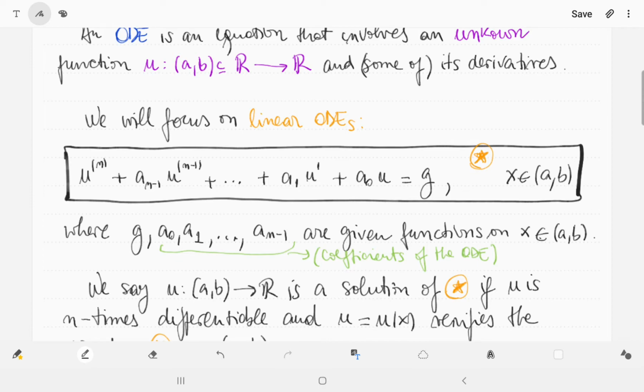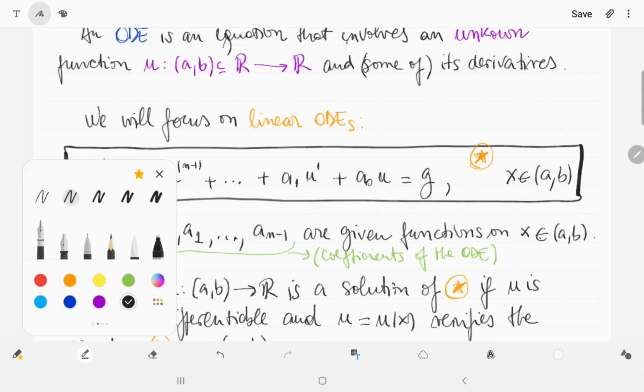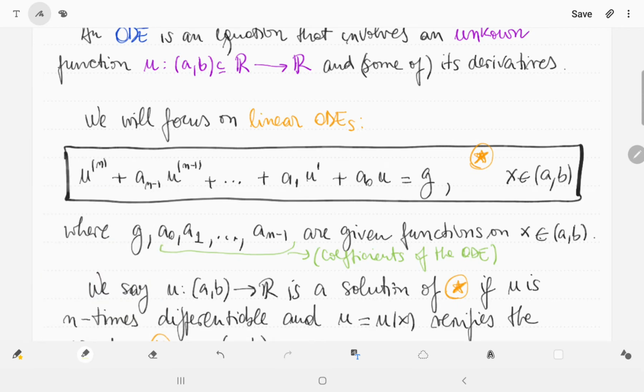Then we have other functions involved that have a name. They are called coefficients, and those are these functions a0, a1, a2, and so on until a_{n-1}. So those are called the coefficients of the equation.